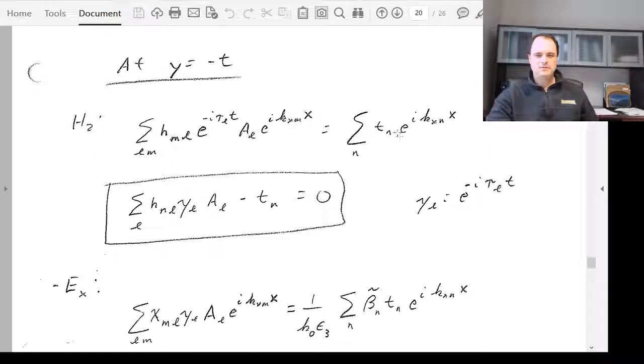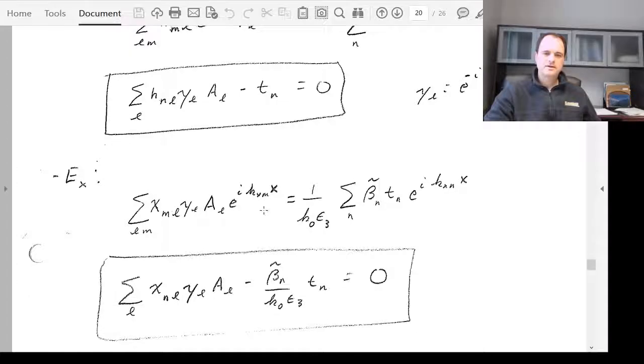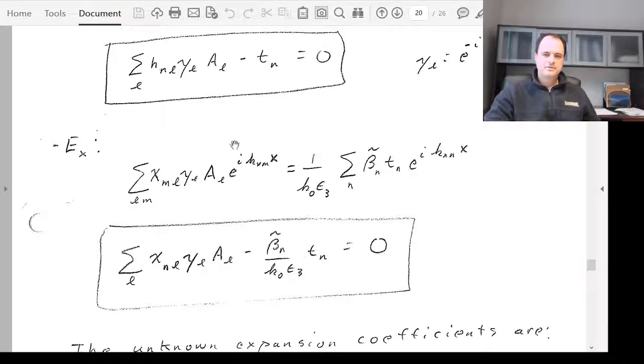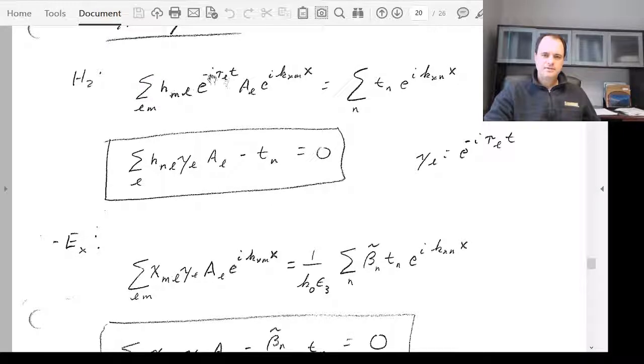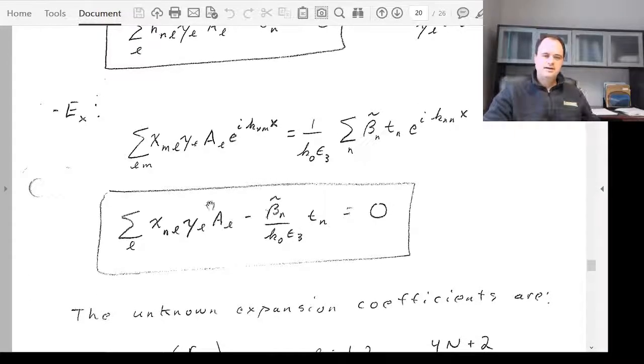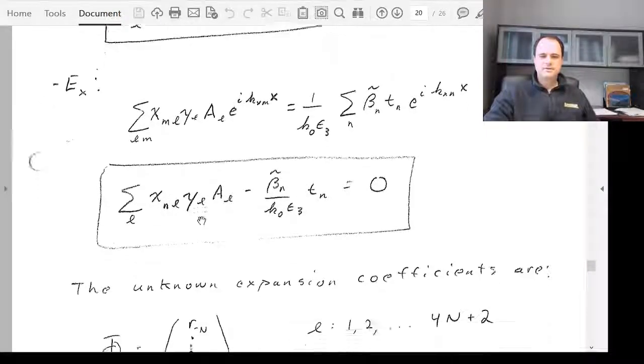All right. These are unknowns too, so we take that over to this side and equate the proper plane wave components, and we get this equation right here. For minus e of x, we start with this equation. Oh, and by the way, we're letting this be called gamma. So that, and for minus e of x, we get this equation right here.